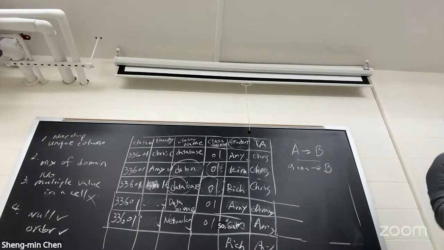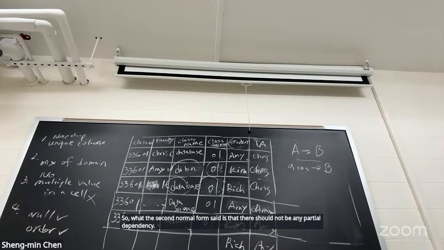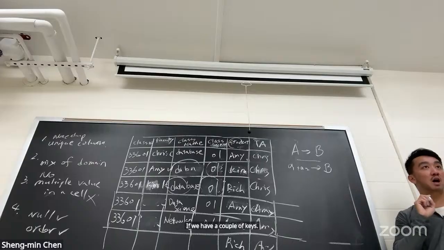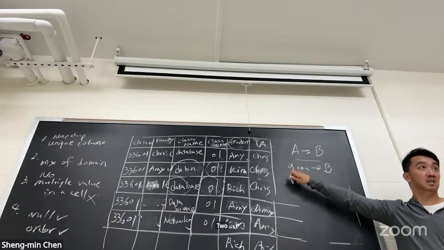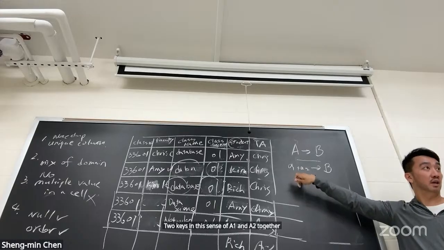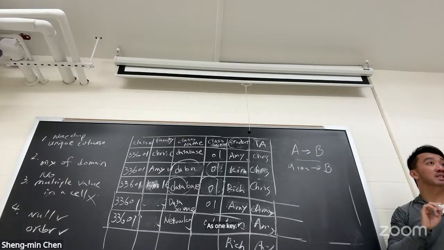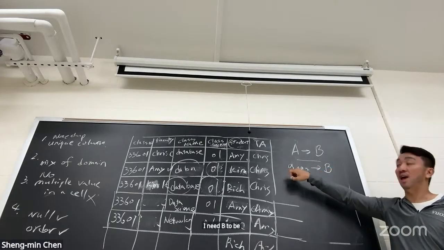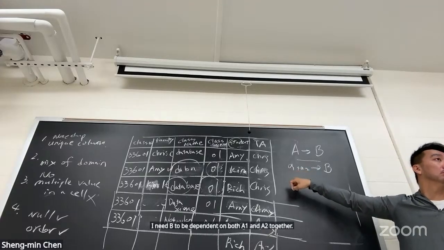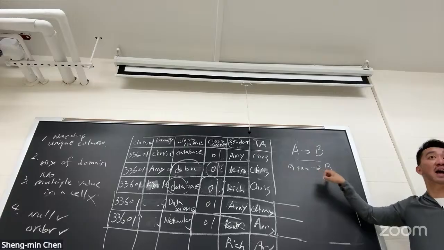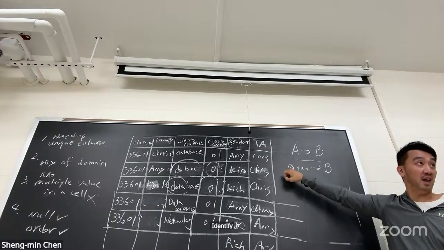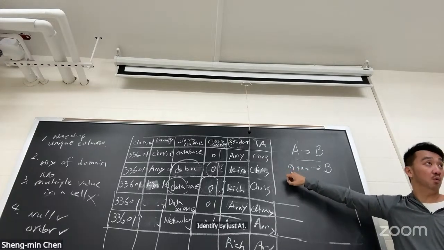So what the second normal form said is that there should not be any partial dependency. What does that mean? If we have combo keys, which is 2 keys, in this instance A1 and A2 together, 2 columns as 1 key, partial dependency means that I need B to be dependent on both A1 and A2 together. It should not be identified by just A1, or just A2.